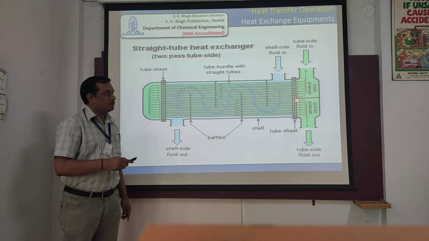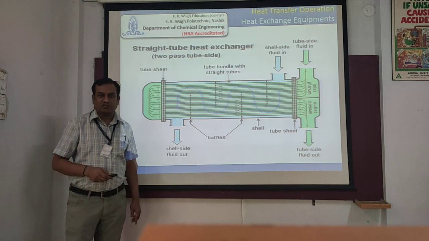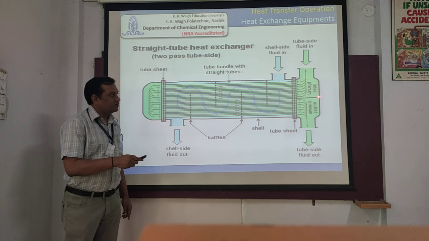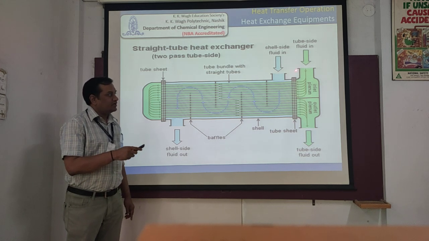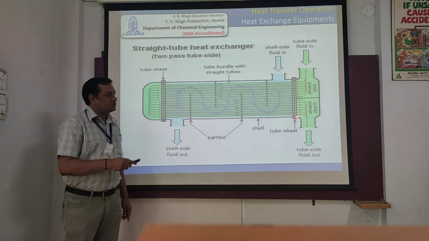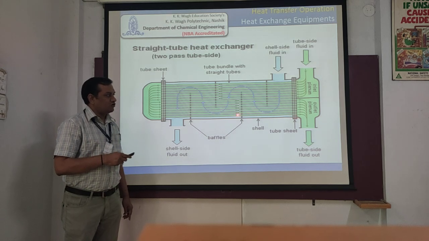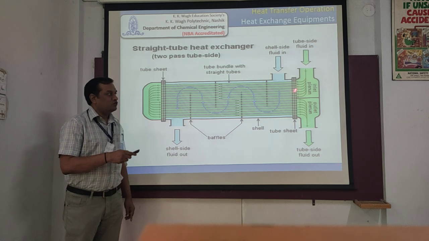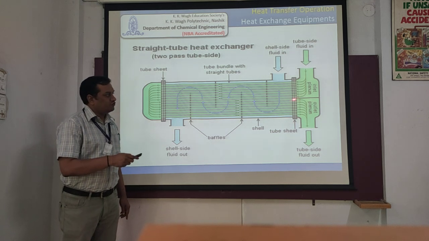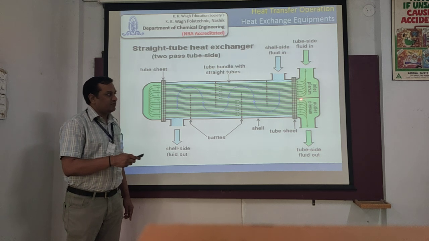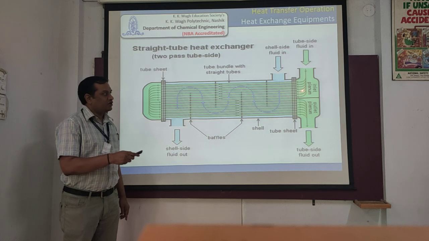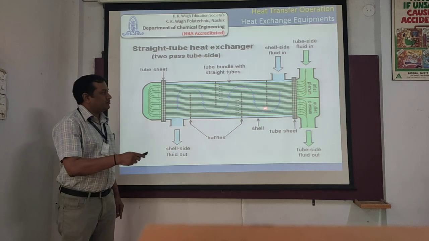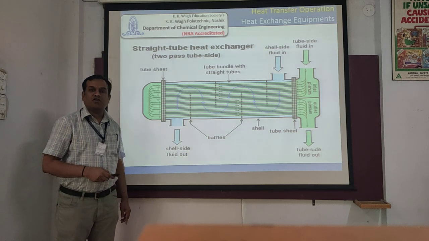We have to incorporate this pass partition, which is a metallic part, in the channel section. It is called the channel, and this is the tube sheet. So tubes are incorporated in this tube sheet. This is the channel section where the tube side fluid is moving, and if you incorporate this metal partition, then we can pass this fluid twice in the heat exchanger along the path.